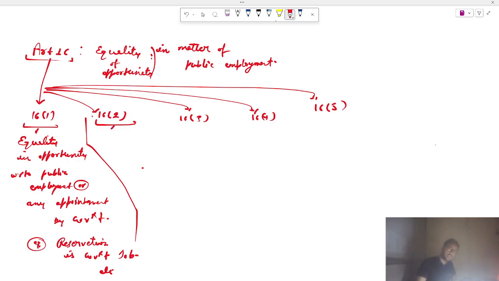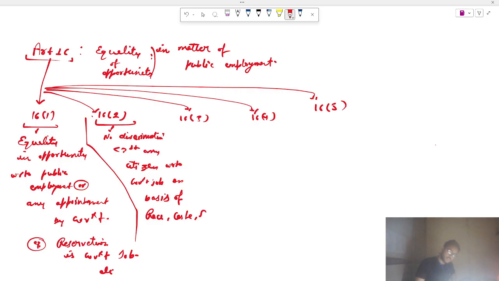So basically, there is no discrimination against any citizen with respect to government jobs on the basis of religion, race, caste, sex, descent, place of birth, residence. The state cannot discriminate against any citizen in government jobs on these grounds.